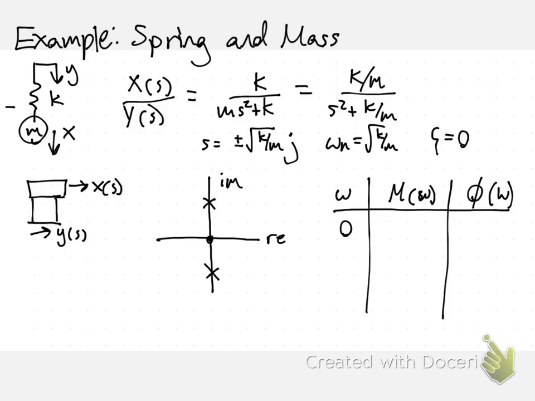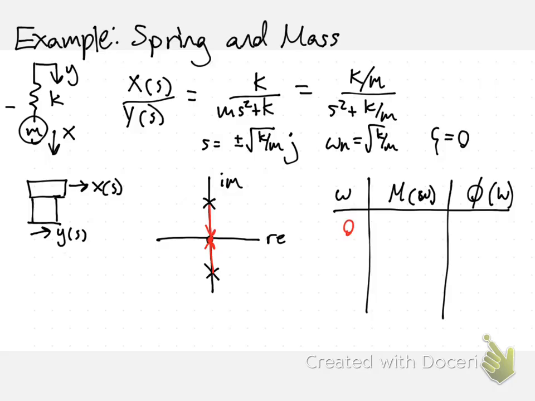Then our magnitude can be determined by, let's also just use some colors because we can. So we'll have 0 here, and we will draw vectors starting at our pole locations, and zero locations if we had any. We don't for this example. Going to omega times j.